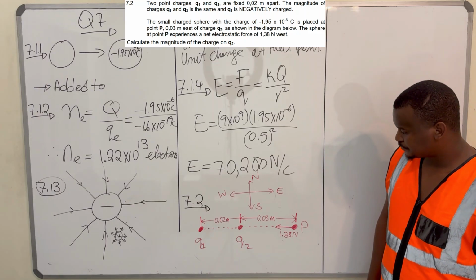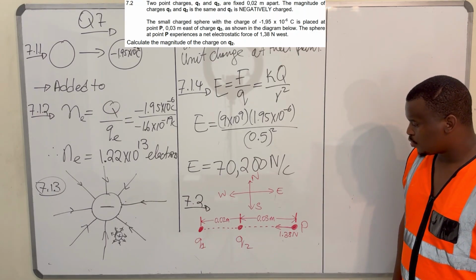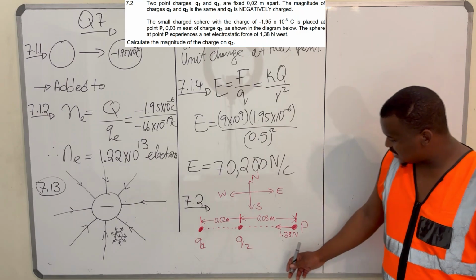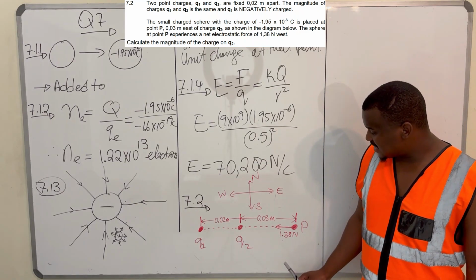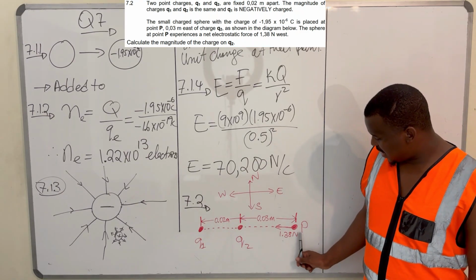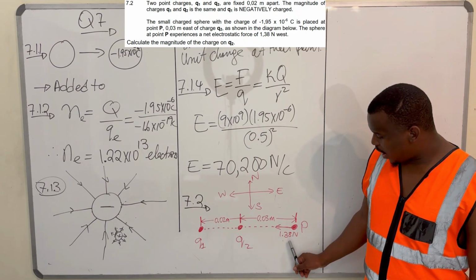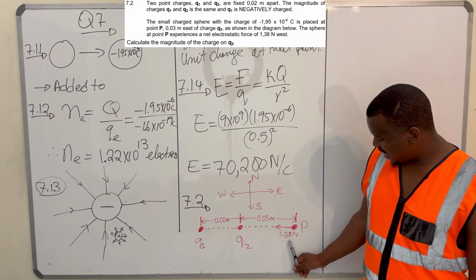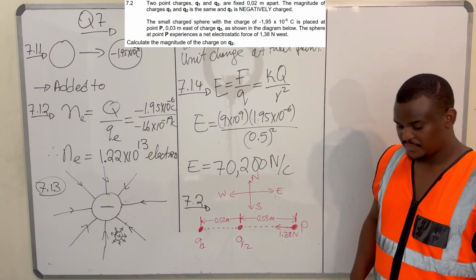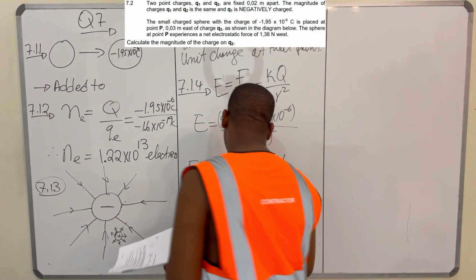No problem. So we're told that the net electrostatic force here at point P, which is at this charge that is here, is 1.38 newtons westwards. So what do we do?